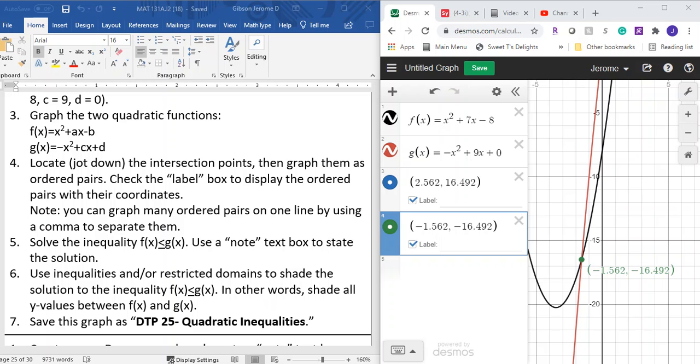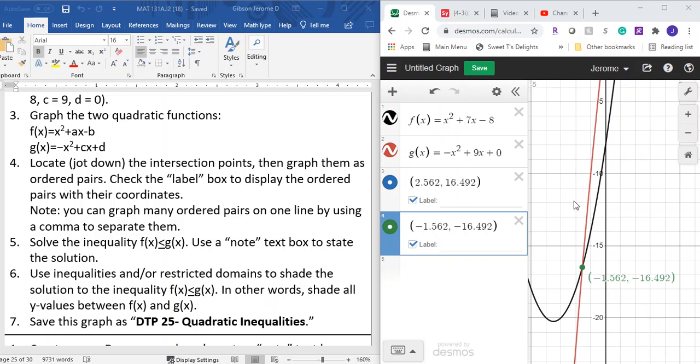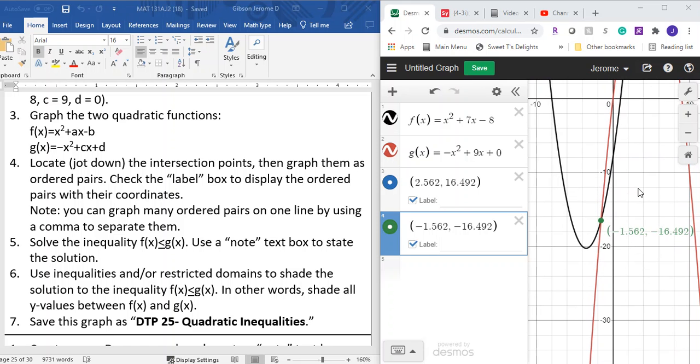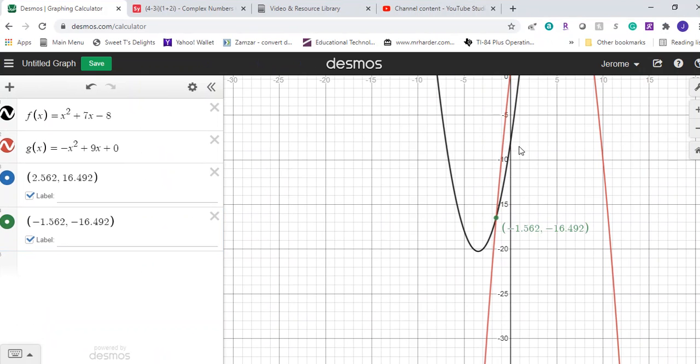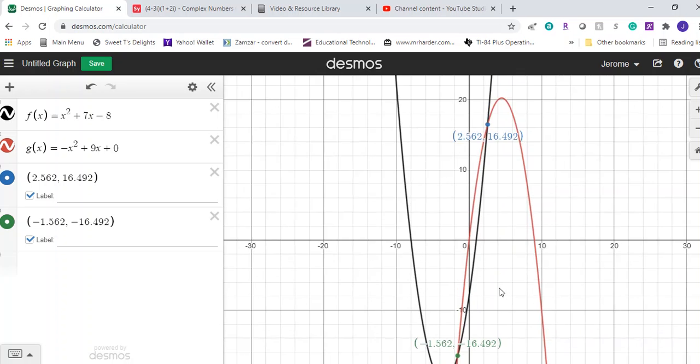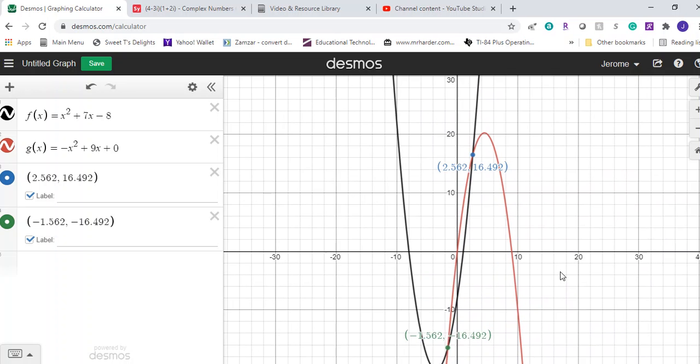Okay, we look at our x values of our intersection points. Because if you notice here, the f of x graph is black and the g of x graph is red. And you notice here doing these intersection points, let me make this a little bigger here. Pull this down here. All right.